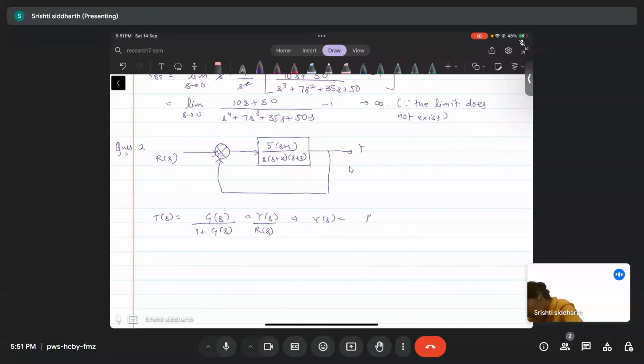This implies that we have Y(s) over R(s) is G(s) over 1 plus G(s). Let's say that we want to track the unit input.